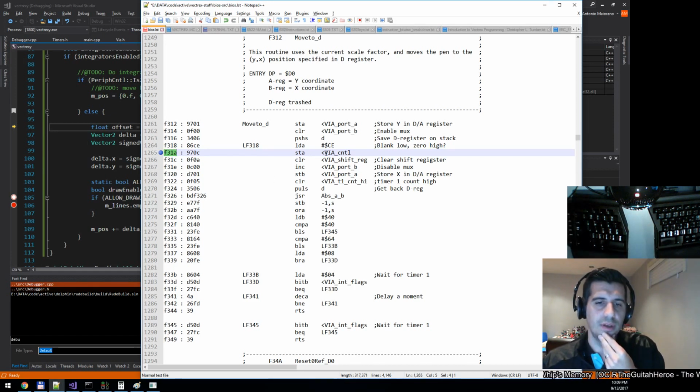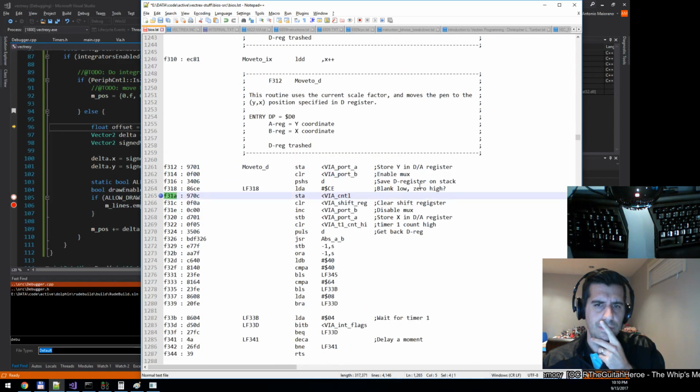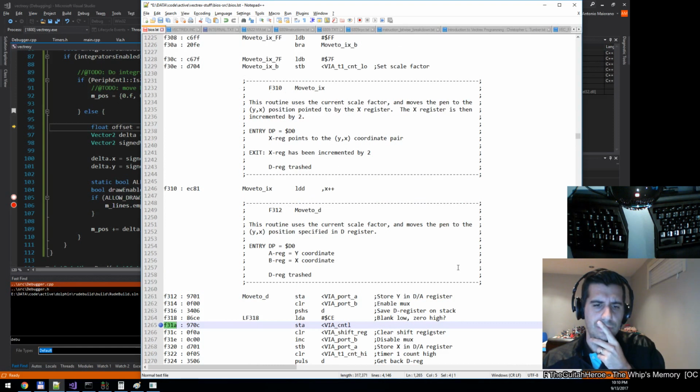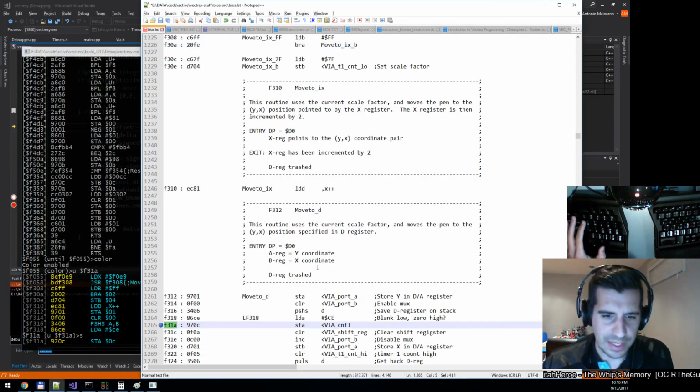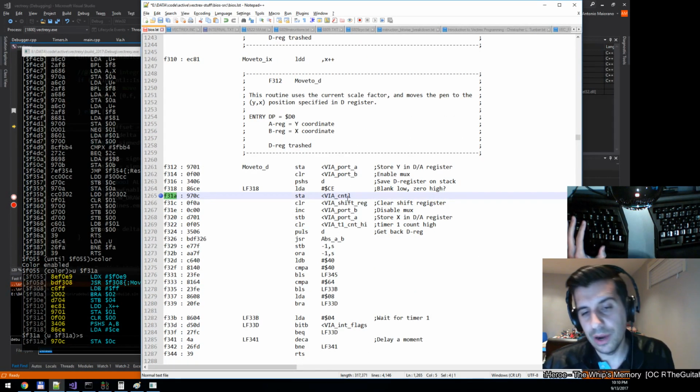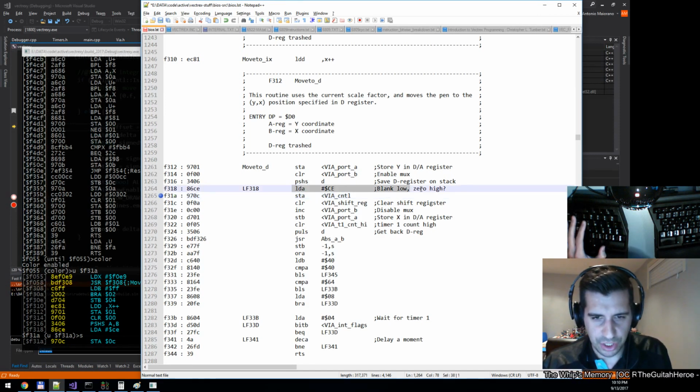I'm a bit surprised. Normally I would expect that we would write our y and x values and everything, and only turn on the drawing afterwards. But this actually turns on drawing before.